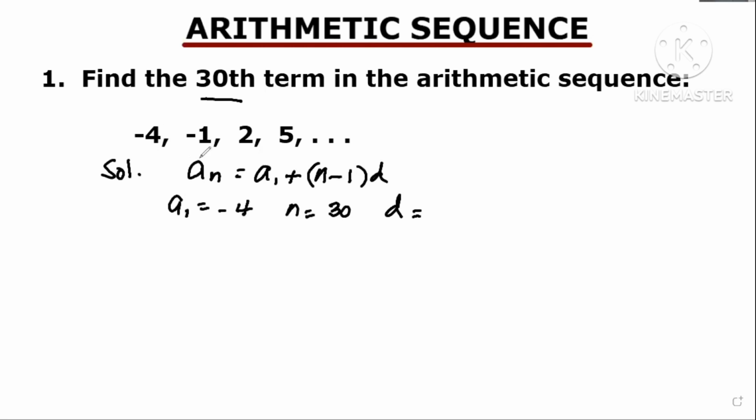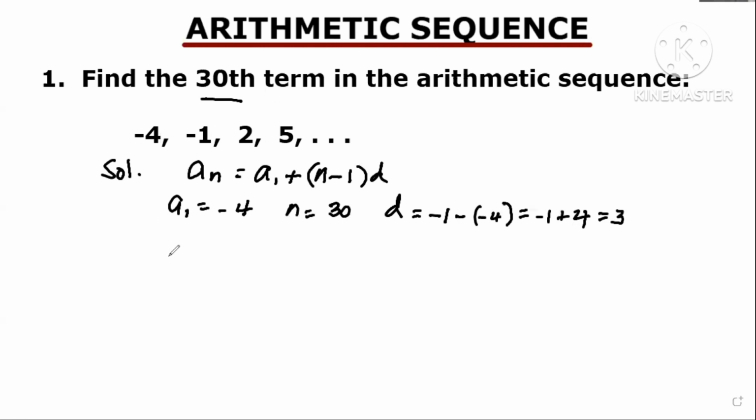Let us use the first and the second term. -1 minus -4 is equal to -1 plus 4 or 3. So d is equal to 3. It could have been easier if we use 2 and 5, because 5 minus 2 is 3. Kaya lang gusto ko ipakita sa inyo yung pagsusolve kapag negative ang integers, para masanay kayo.